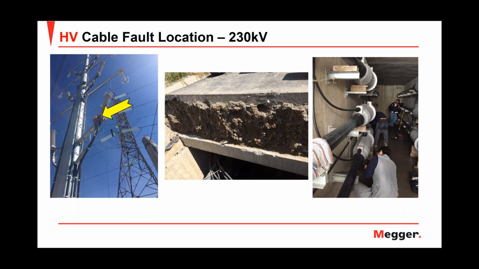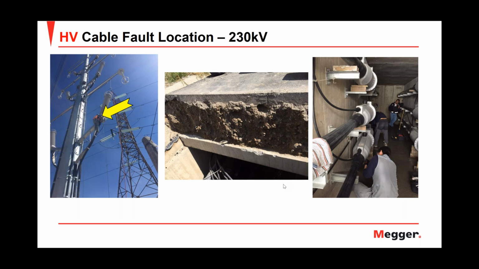You can see that we have a plate of concrete, then we have a composite soil, and then one more plate of concrete. The depth of the concrete plate was around 30 centimeters. And you can see in the picture on the right, the manhole for the splices.